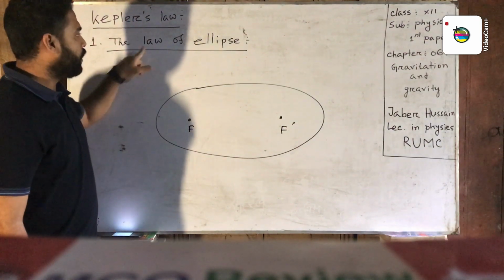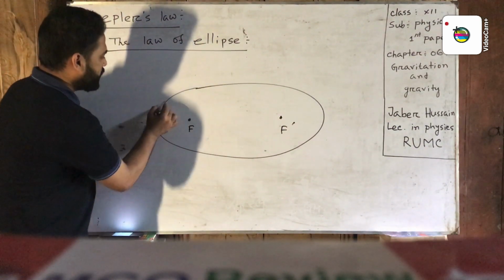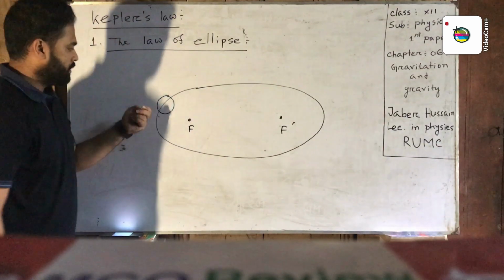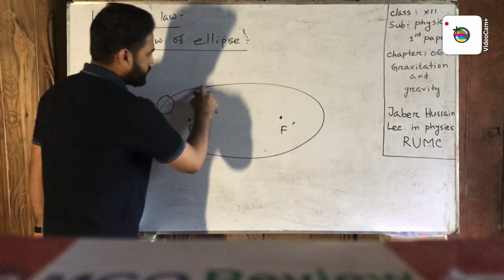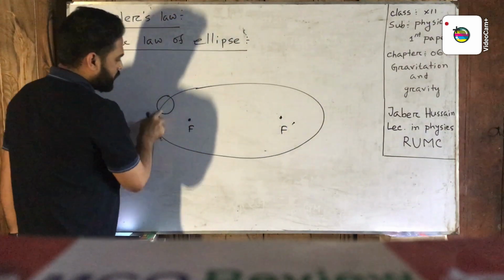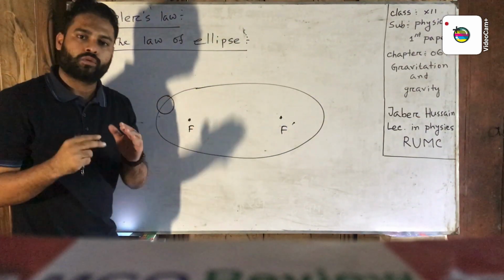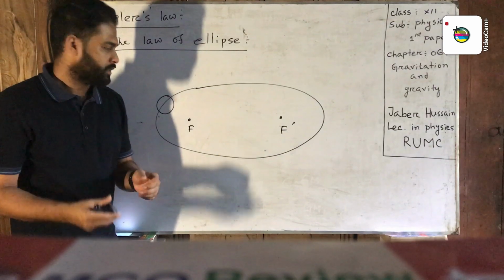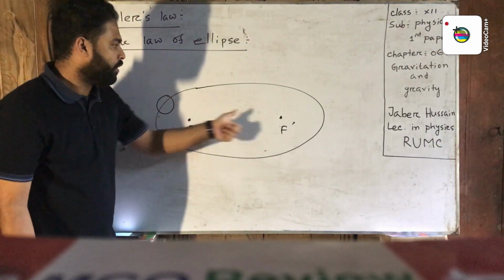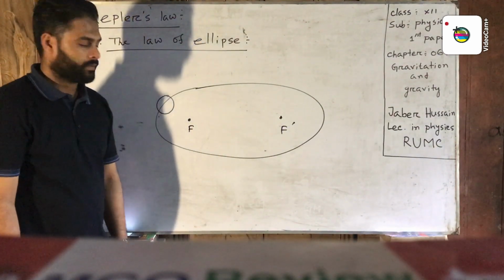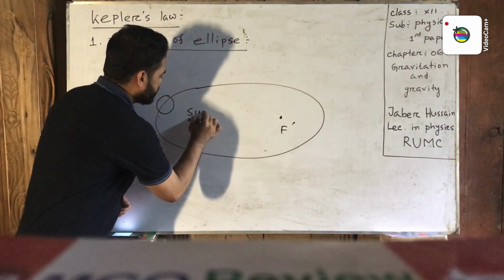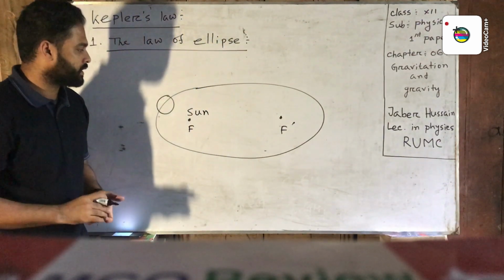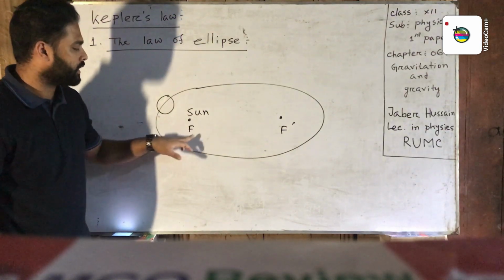According to the law of ellipse, every planet rotates around an ellipse, keeping the sun at one focus, either F or F prime. Now the sun is located at the focus F. Let us consider the sun located at the focus F.